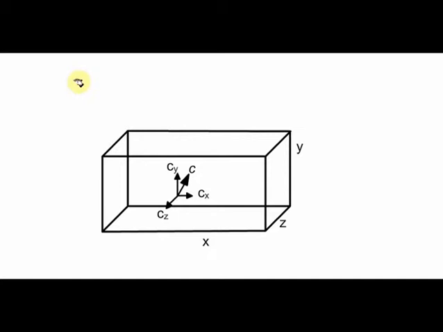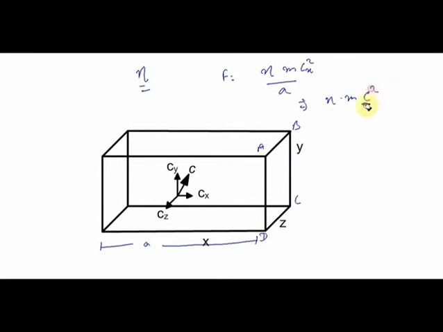Now let's suppose that the total number of gas molecules inside this container is N. So the average force experienced by the wall ABCD due to all these molecules would be N m Cx square by a, where N is the total number of gas molecules and a is the length of the container. Now we can replace Cx square with C square by 3.